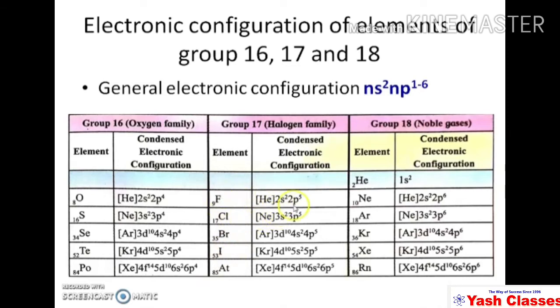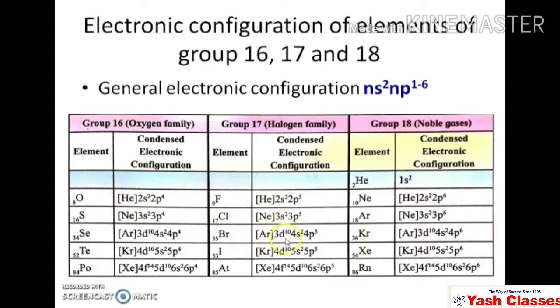Their general electronic configuration is ns2 np5. In the p orbital there are 5 electrons. So for fluorine, the outermost configuration is 2s2 2p5. For chlorine, 3s2 3p5. Bromine, 3d10.